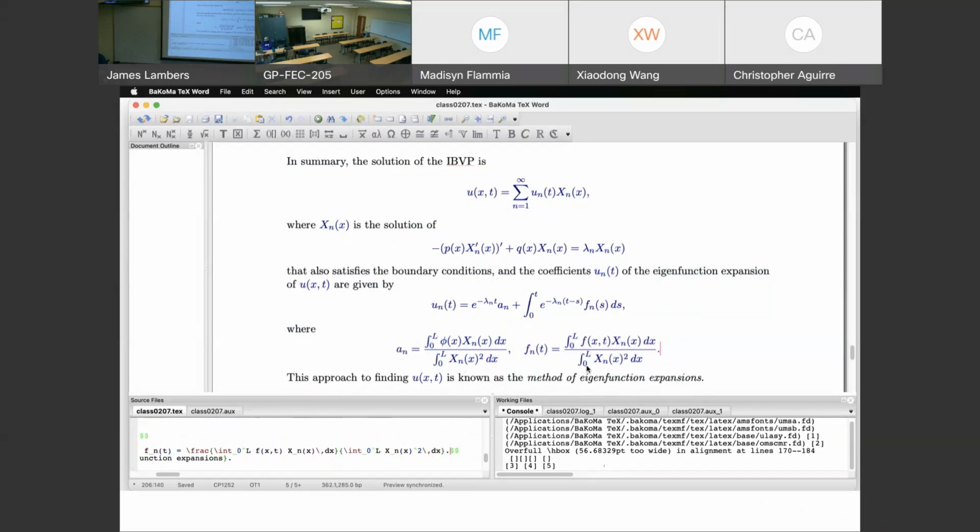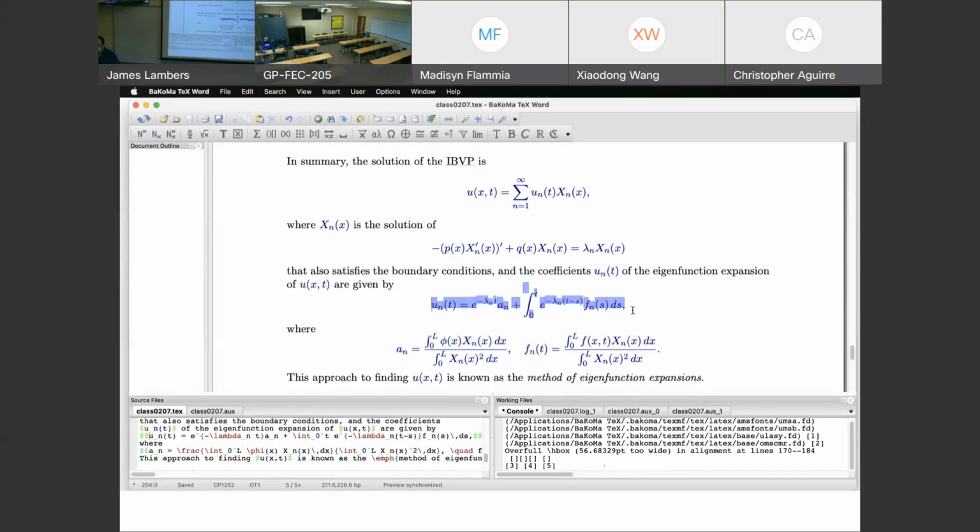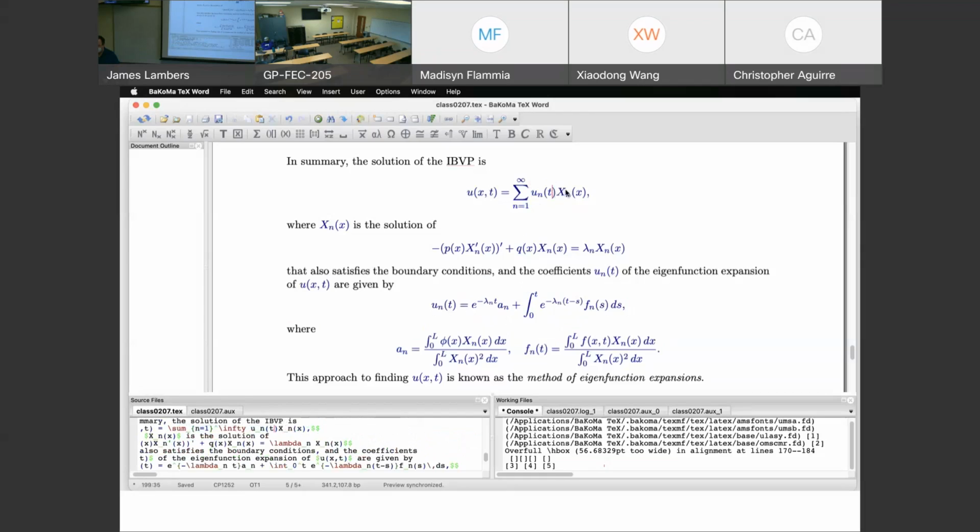So once you have these coefficients, then you substitute those into this solution formula for coefficients of your solution in the eigenfunction basis. And then you can put these in here, where X_n of x comes from solving the spatial part of the homogeneous ODE by separation of variables.